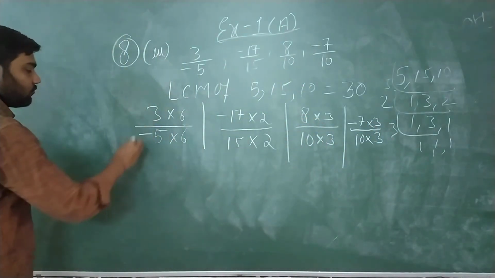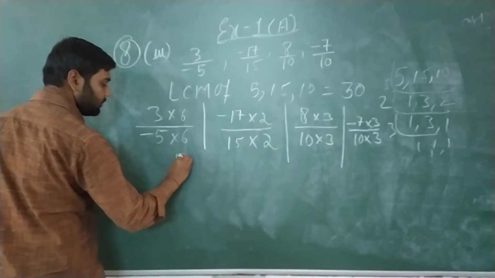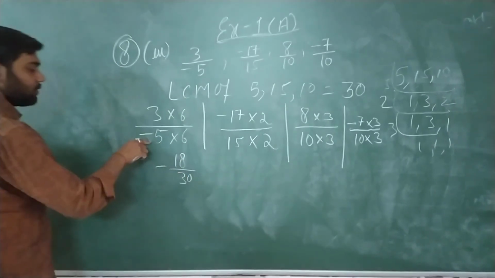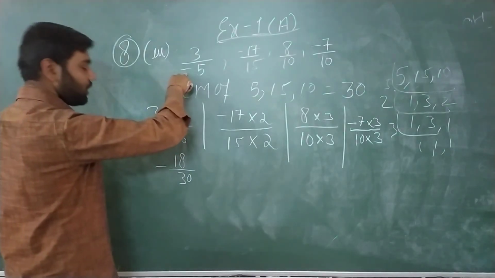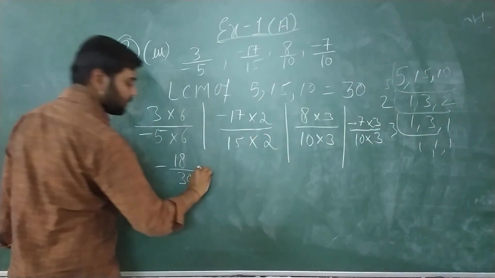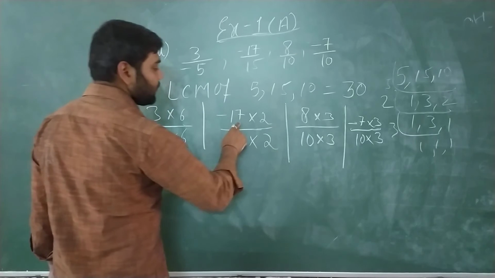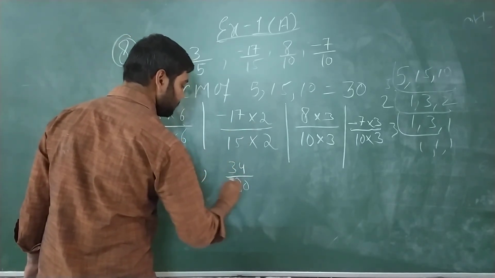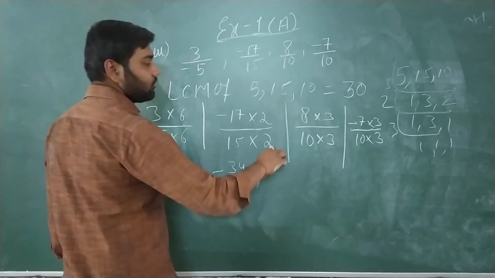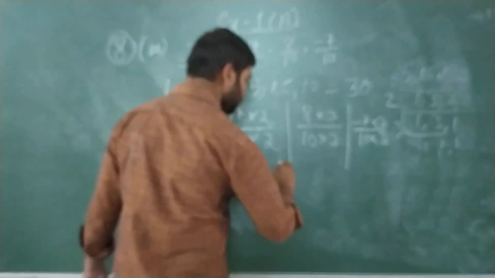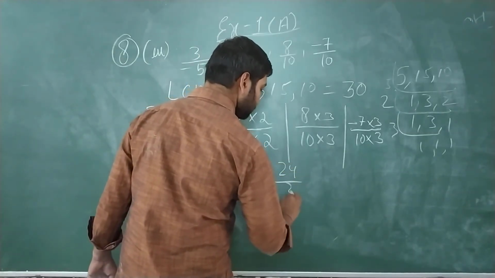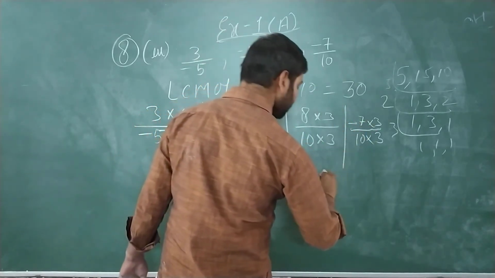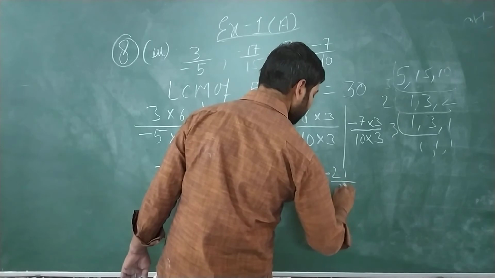Now see what comes. 6 threes are 18 upon 6 fives are 30, in minus, because the fraction is in minus. 17 twos are 34 upon 30, again in minus. Then 8 threes are 24 upon 30, and minus, 7 threes are 21 upon 30.